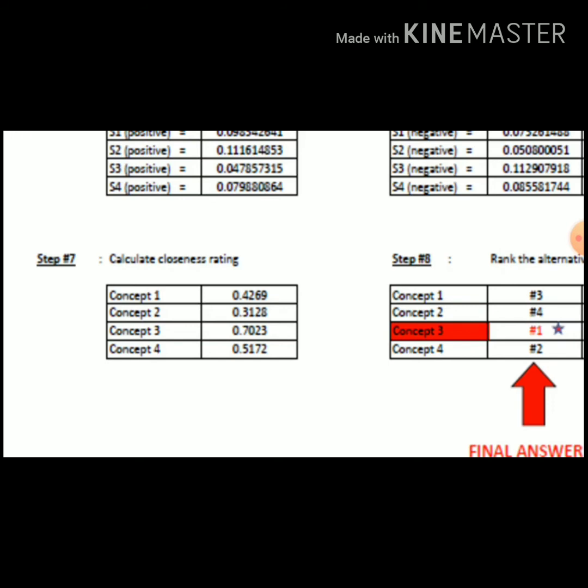So the highest value on the numerator will give the highest closeness rating score. However, when you reduce the value of the positive separation distance, the denominator part, it works the other way around, and this will increase the closeness rating.